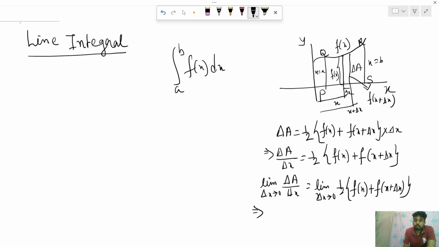So it will be dA/dx, and when delta x tends to 0, f(x plus delta x) will be f(x). So f(x) plus f(x) gives you 2f(x), and finally half of 2f(x), you get f(x). Now we check: the rate of change of area with respect to x is the given function f(x). And how do you find this area A?